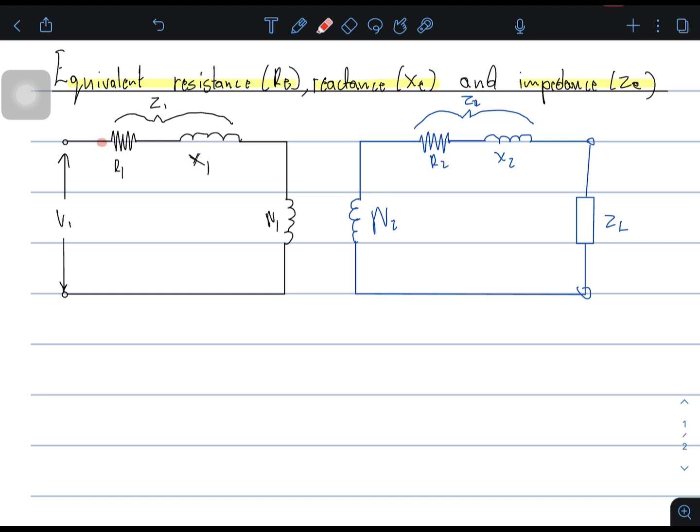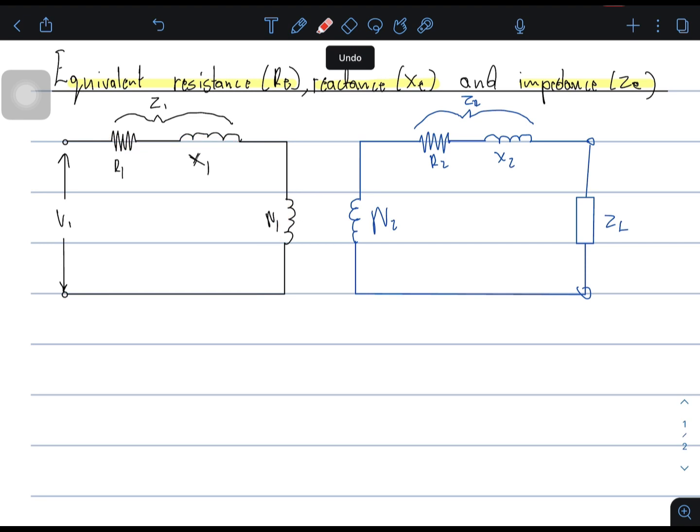If we can see, this primary circuit is electrically isolated from this secondary circuit. They are only connected to each other magnetically.